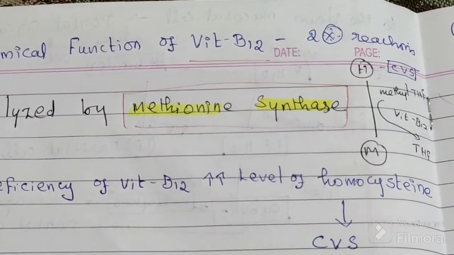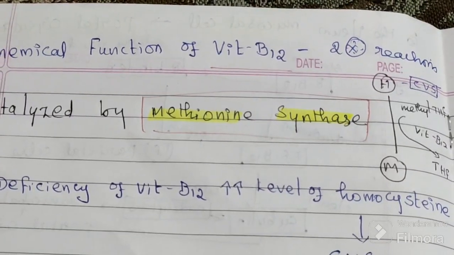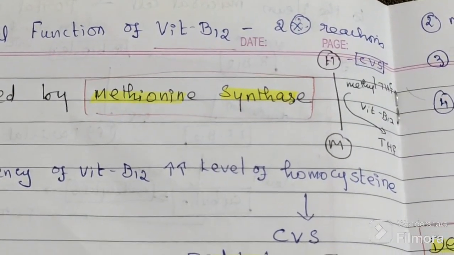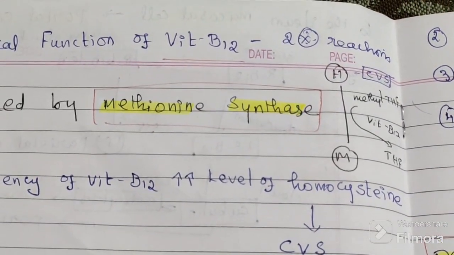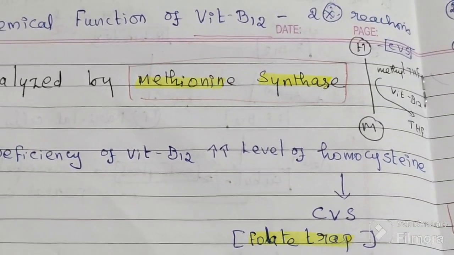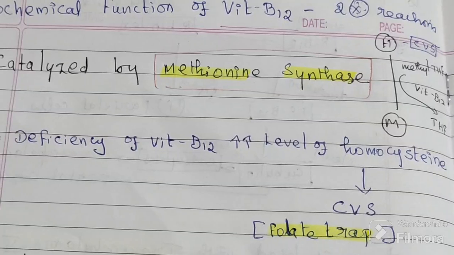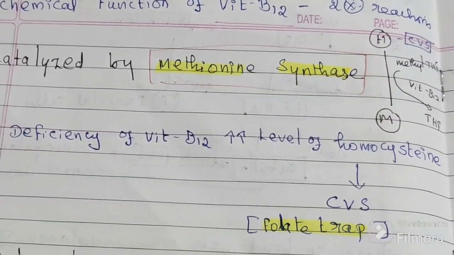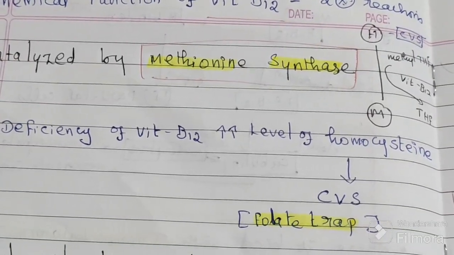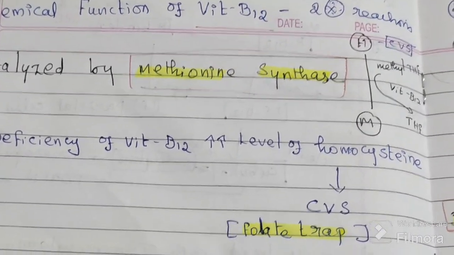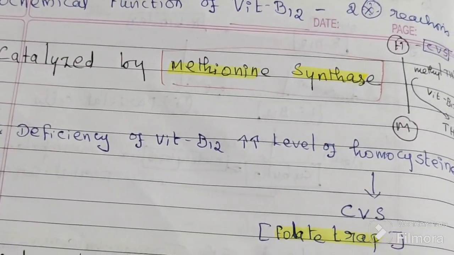This leads to serious cardiovascular diseases. In vitamin B12 deficiency, THF gets trapped as methyl THF because the methyl THF reaction is irreversible. This is known as functional folate deficiency, or the folate trap, in the deficiency of vitamin B12.